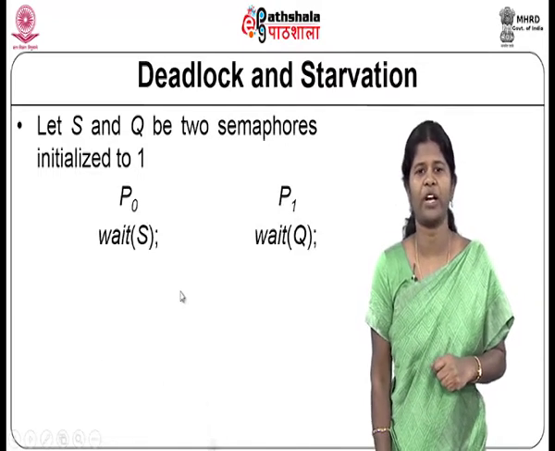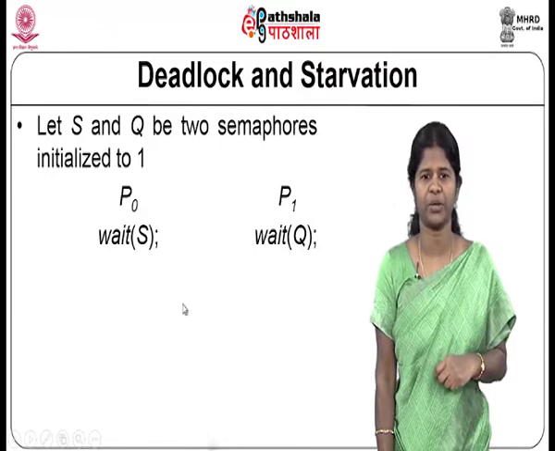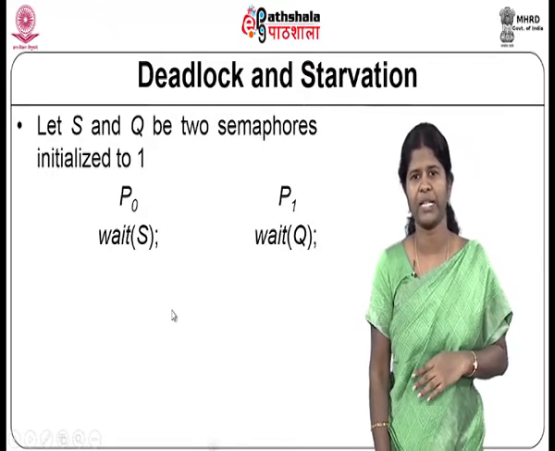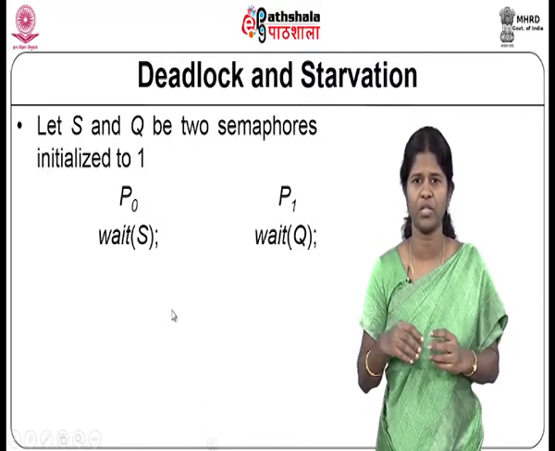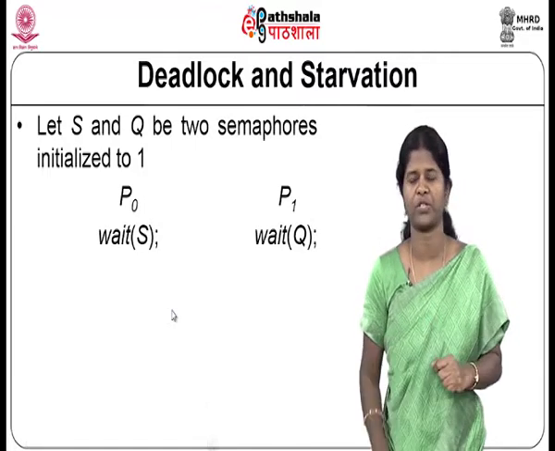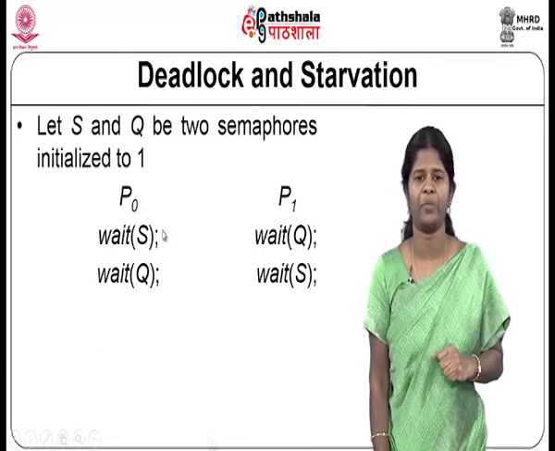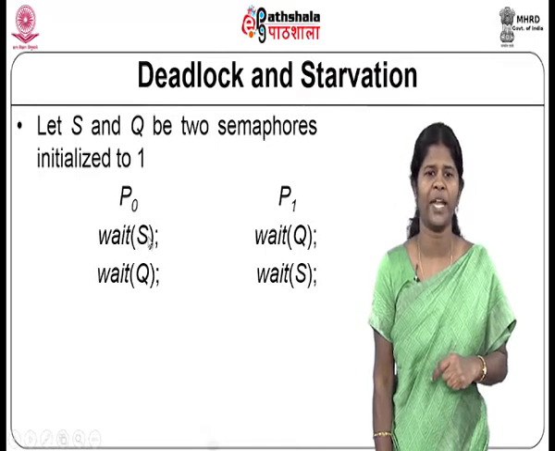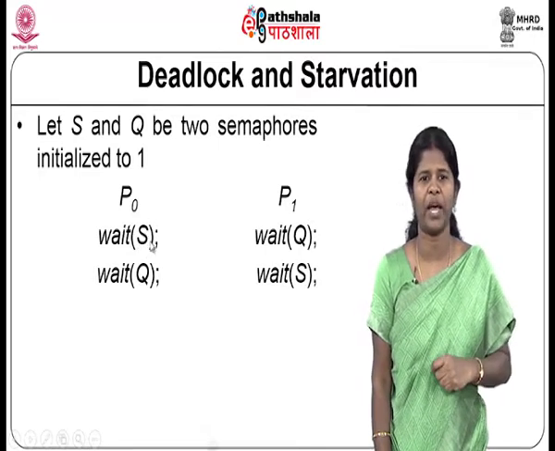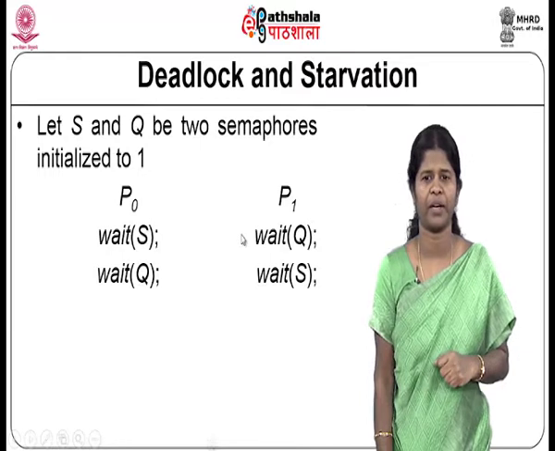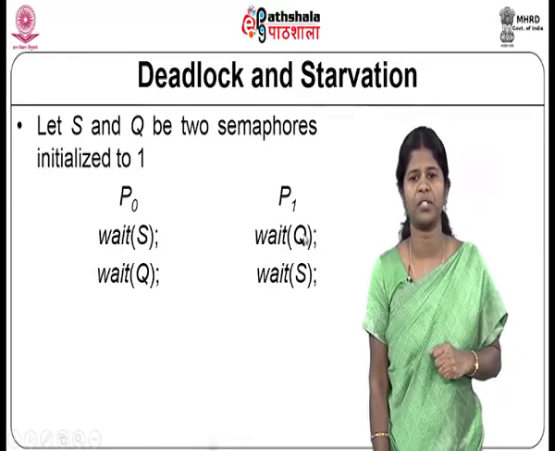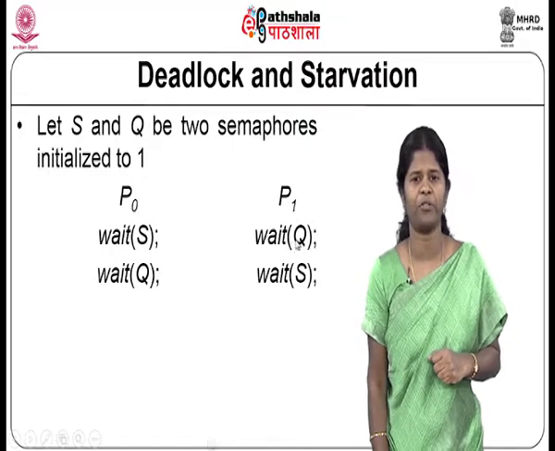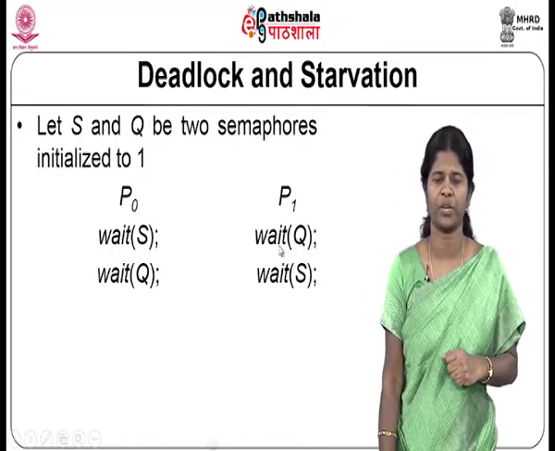So assume you have got two semaphores S and Q, and each of the semaphores is initialized to a value of 1. That is, each of them is safeguarding a resource which can be accessed by only one process. So now P0 and P1 are there. P0 first executes wait of S, and it will make the value of S equal to 0. And P1 executes wait of Q, and that will make the value of semaphore Q equal to 0.